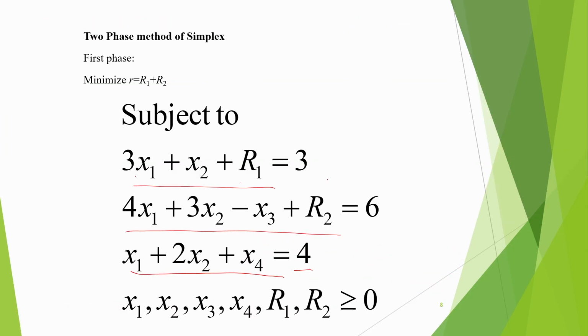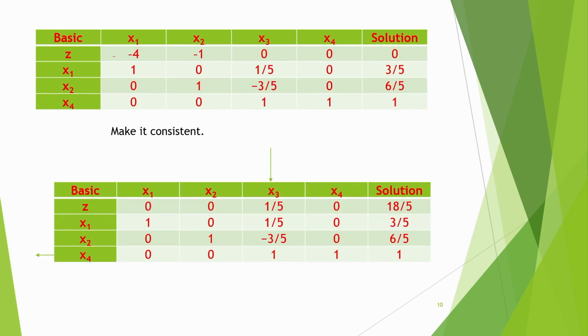Then you add them, so it becomes 0, 0. Now you see this solution already comes to 18 by 5.